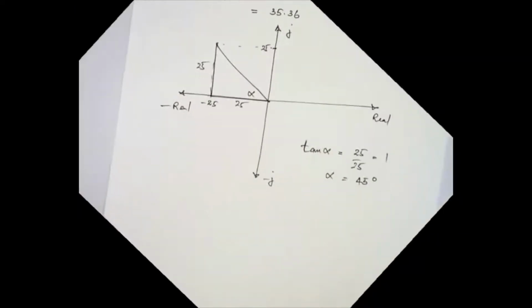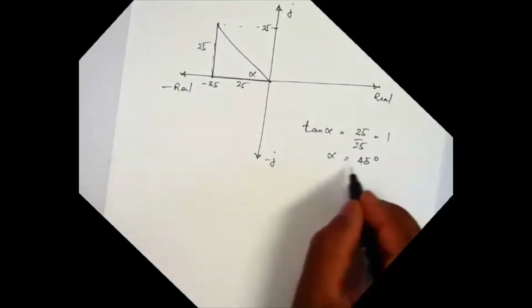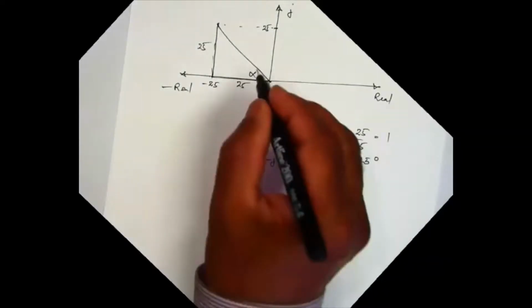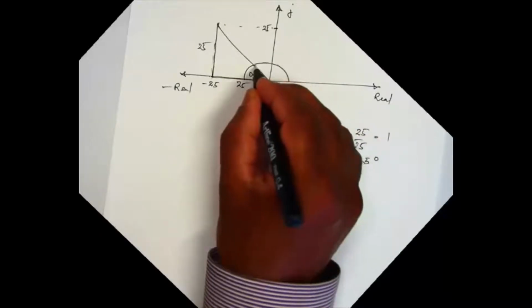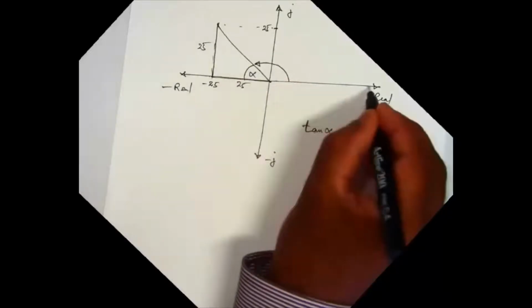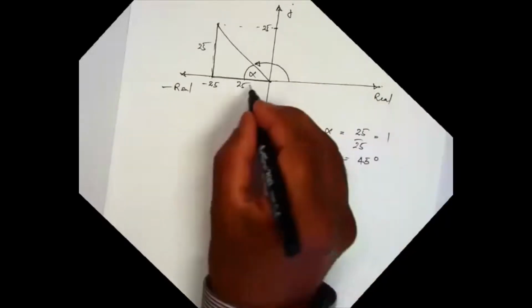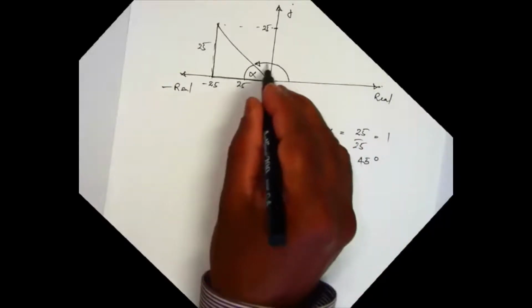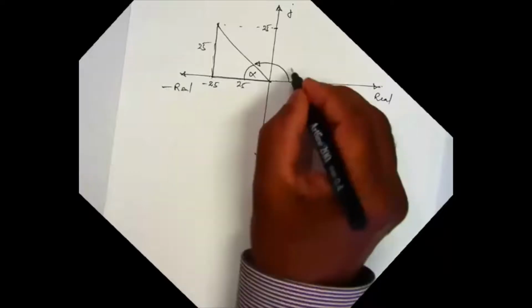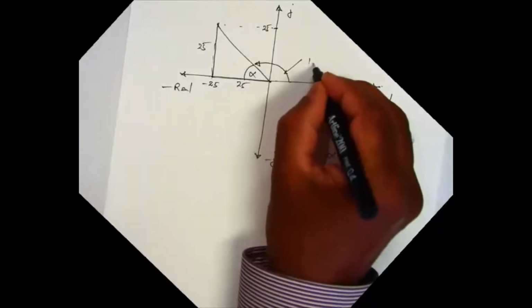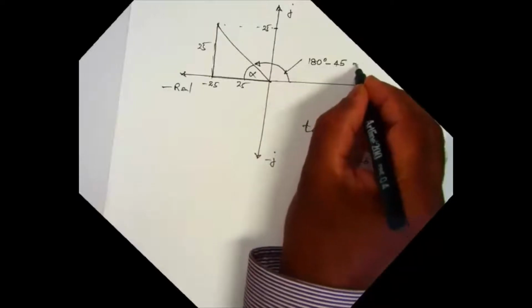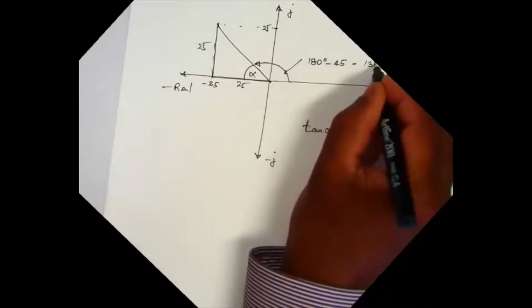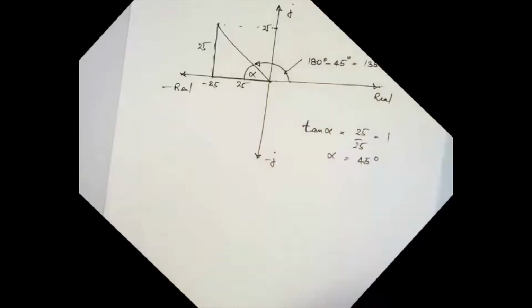So alpha is equal to 45, but we are not really interested in this angle, we are interested in that angle from the positive real axis. We know this whole angle from here to here is 180, therefore that is 180 minus 45, which is 135.